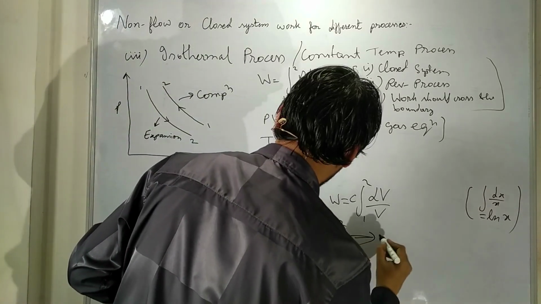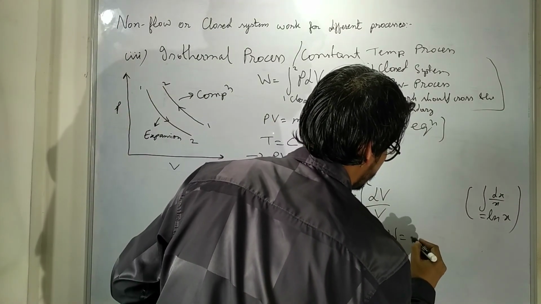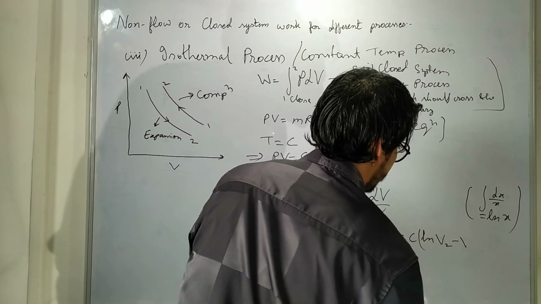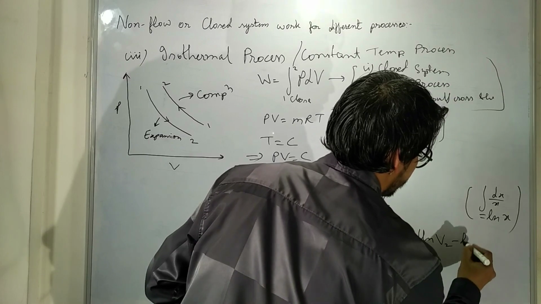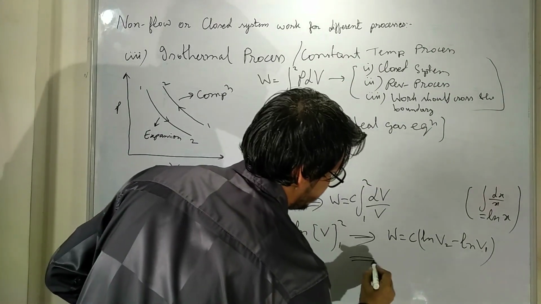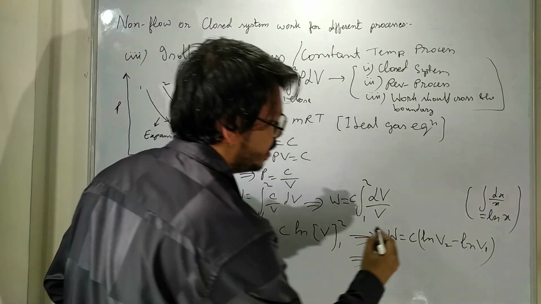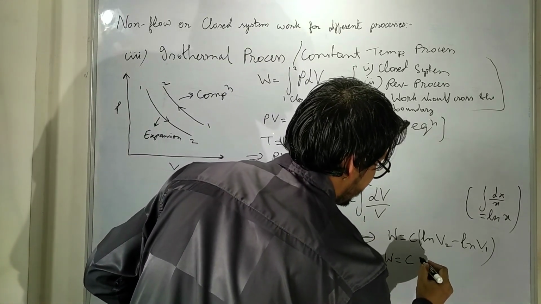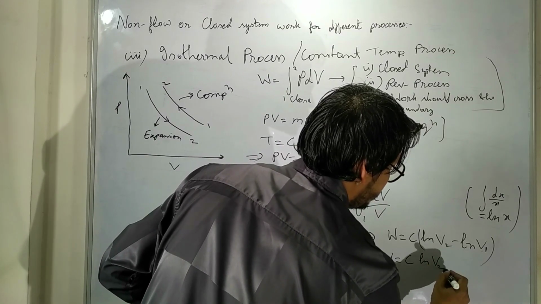From here we will get C (ln V2 minus ln V1). From here we will get W is equal to C ln V2 by V1.